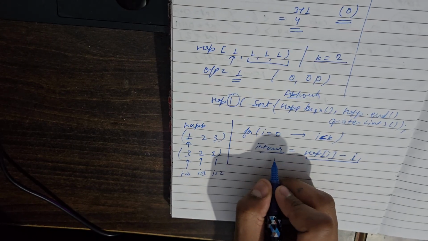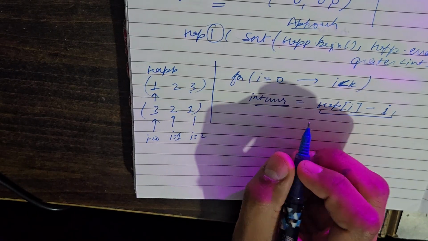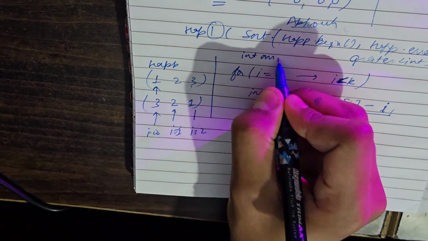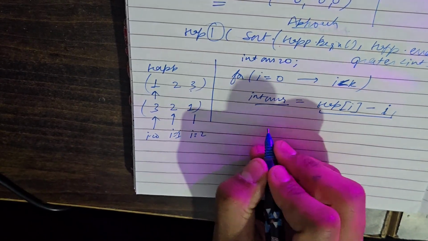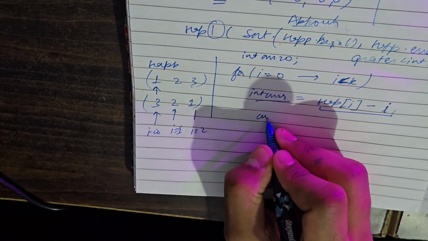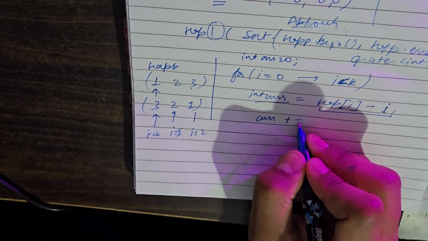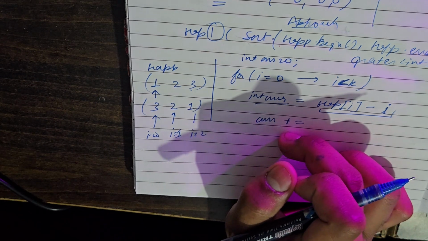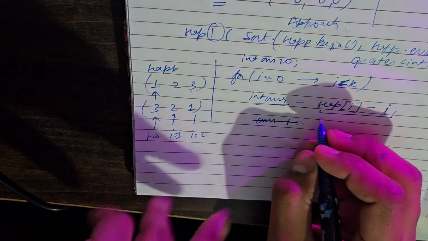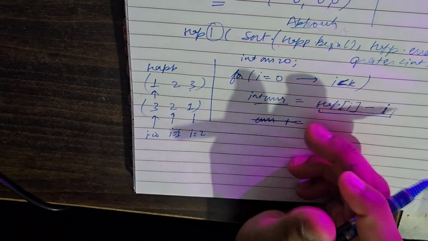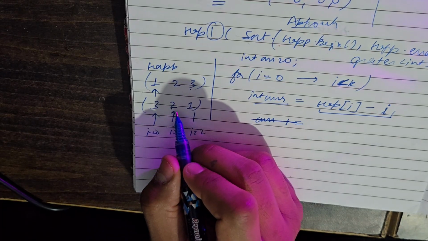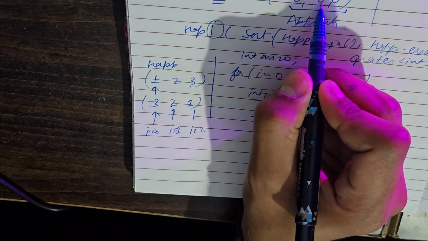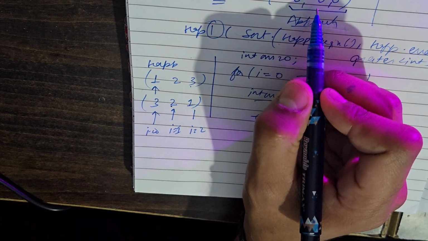Now we will create an integer answer equal to 0. Before adding current to it, we have to first check if any of the integers becomes 0 or negative, because no element of this array can be negative.